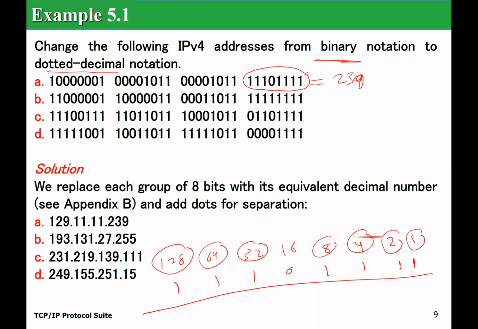Okay, so then that's equal to 239. So that's the number here. What about this one? That's 11. It's easy. What about this one? It's 11, correct? And that's the same example. I just want to spend time on that. So what you have to do is just find the right numbers and add them and find what they call dot decimal notation.